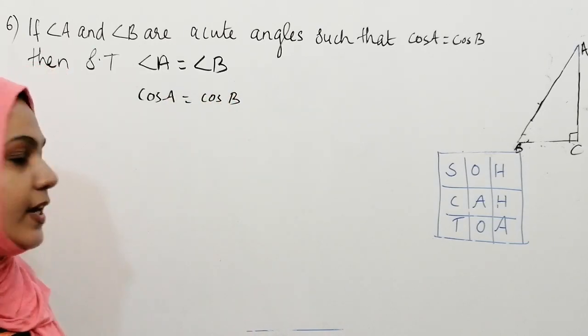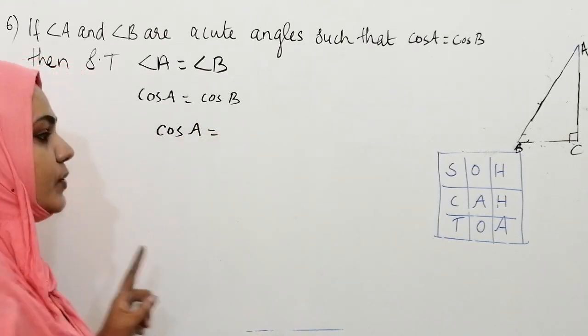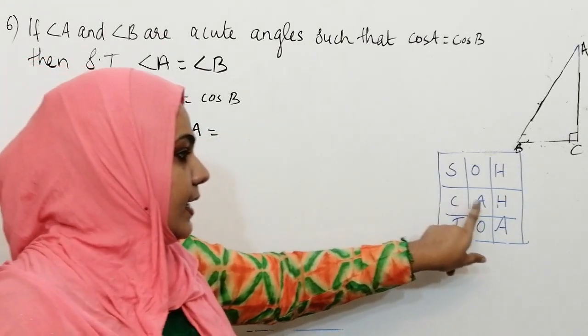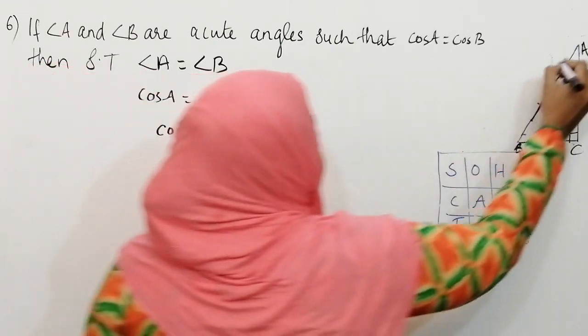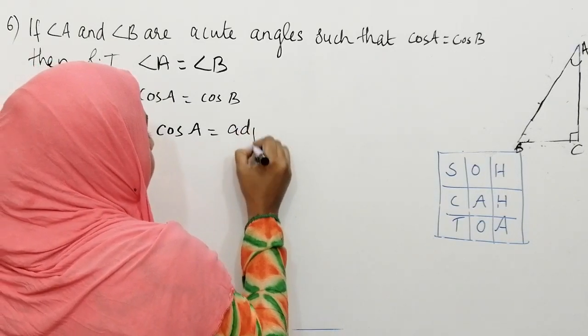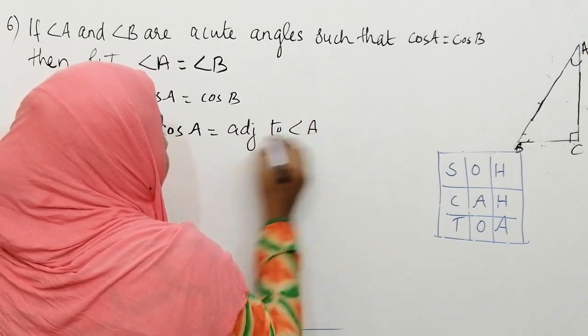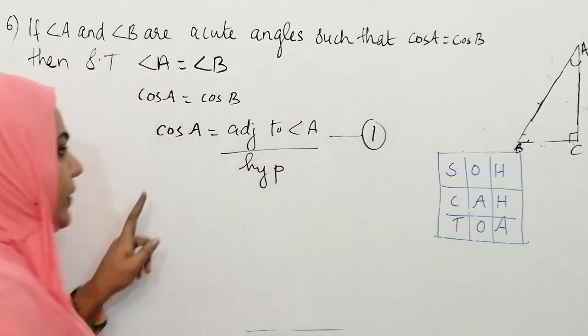So first we can write what cos A is. You know that using this trick, cos is equal to adjacent by hypotenuse. So angle A is our reference angle. So adjacent to angle A by hypotenuse. So this is our first one.